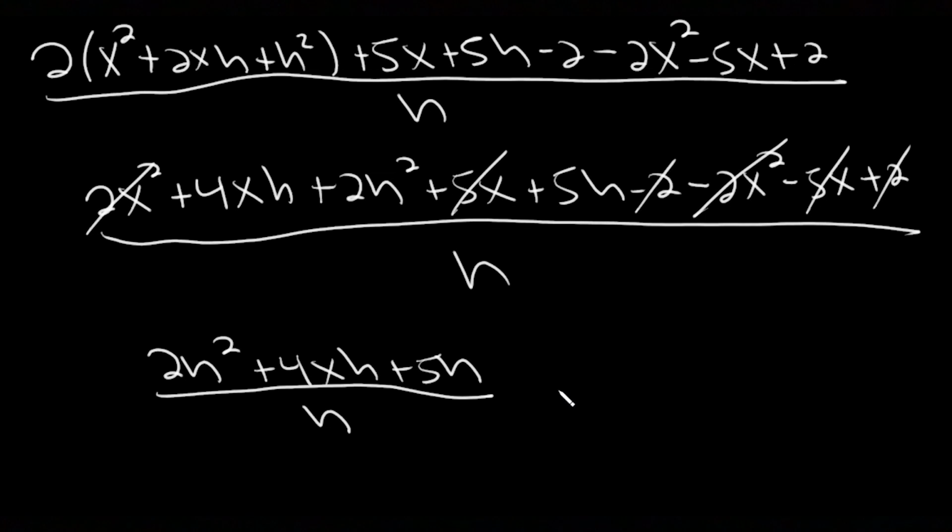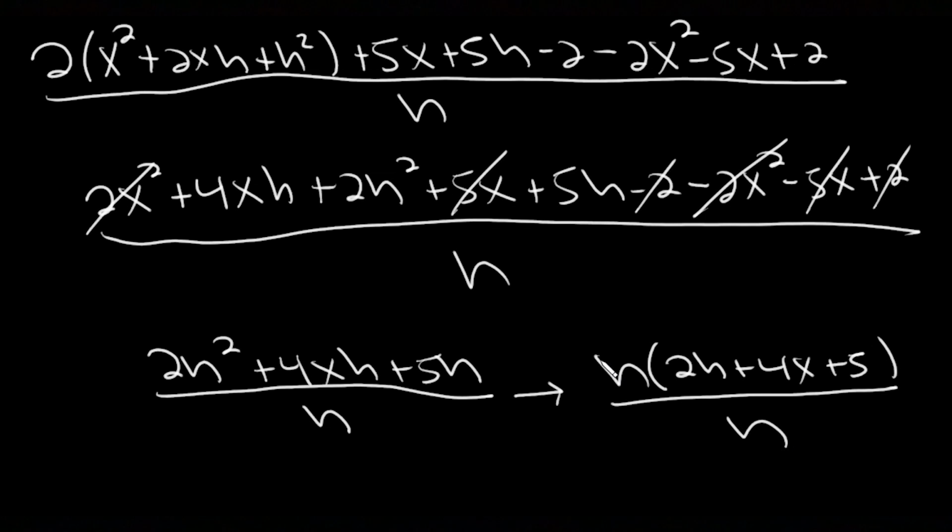And so from here, what can we do? Well, I can factor out an h on my numerator, right? I can pull out a greatest common factor. So when I do that, I can pull out an h and I'm left with 2h and then plus 4x and then plus 5. Okay? All over h.